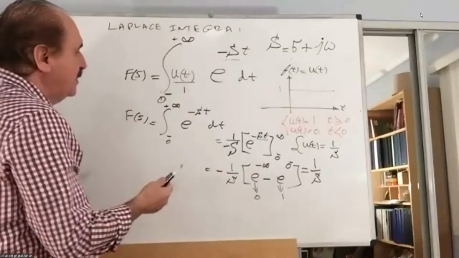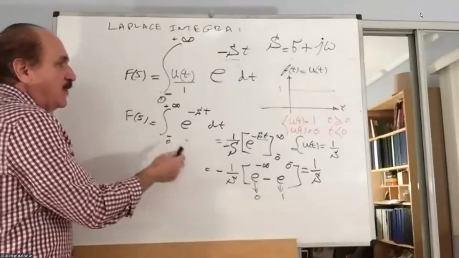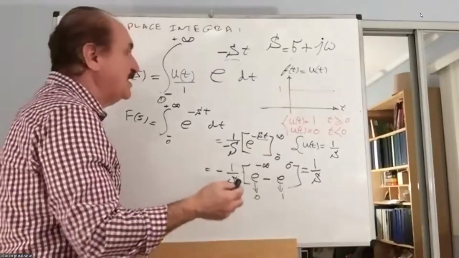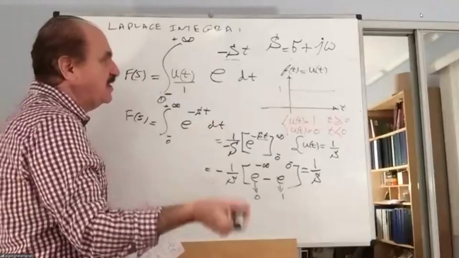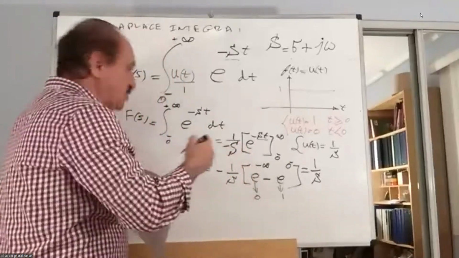What will happen if you apply a step function that is delayed by an amount of T?